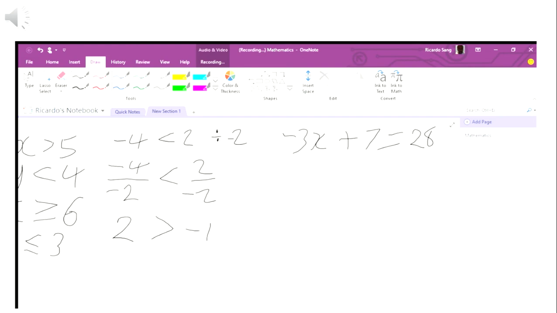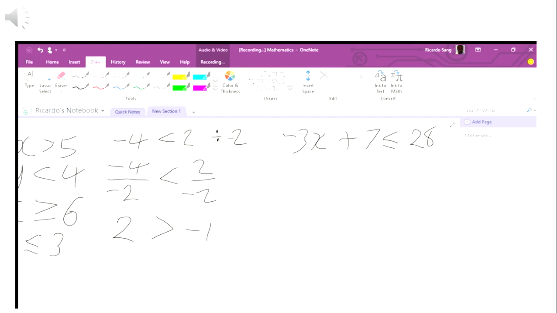Well, I have an equal sign here. Let's say that it is less than or equal to 28. So negative 3x plus 7 less than or equal to 28.